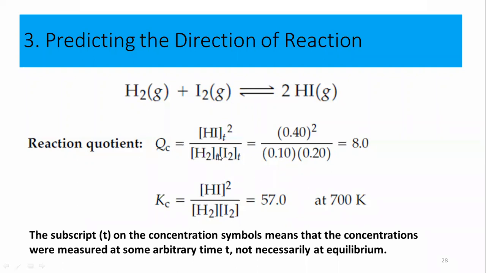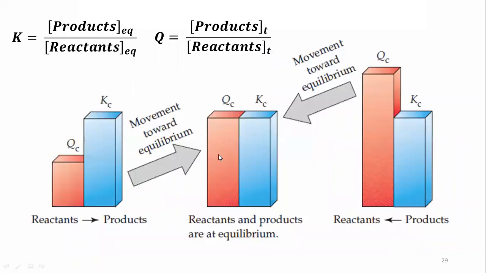So I am going to explain with 3 examples what the conditions would be. The first one is, let's suppose, we are starting the reaction, and this is condition 1 when Qc is equal to Kc.